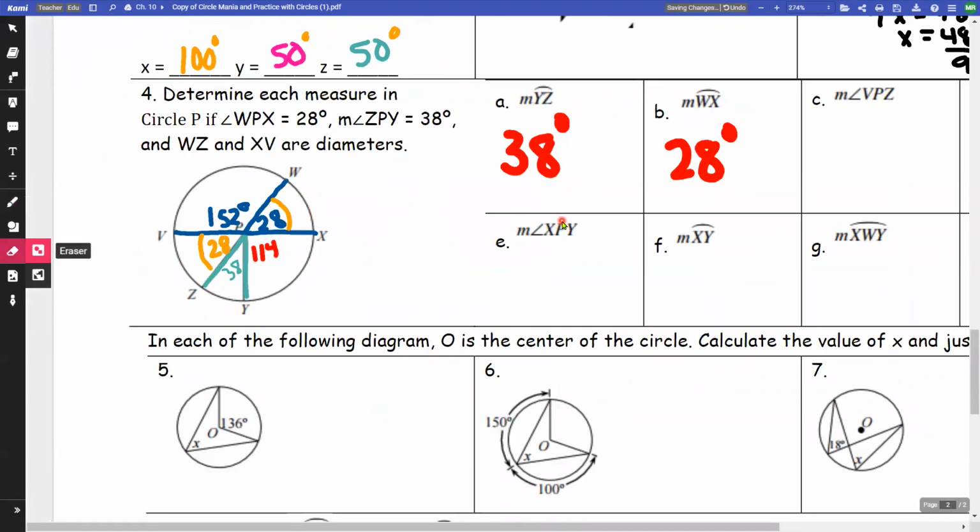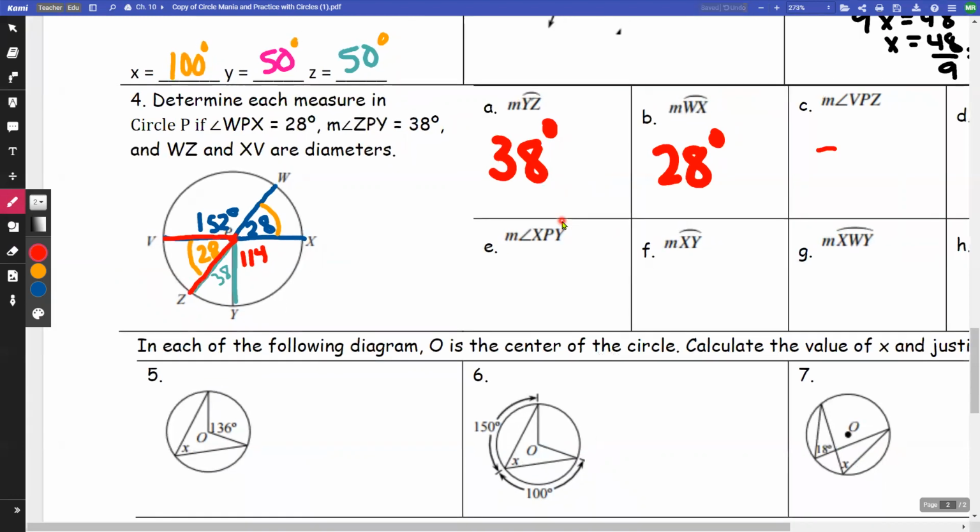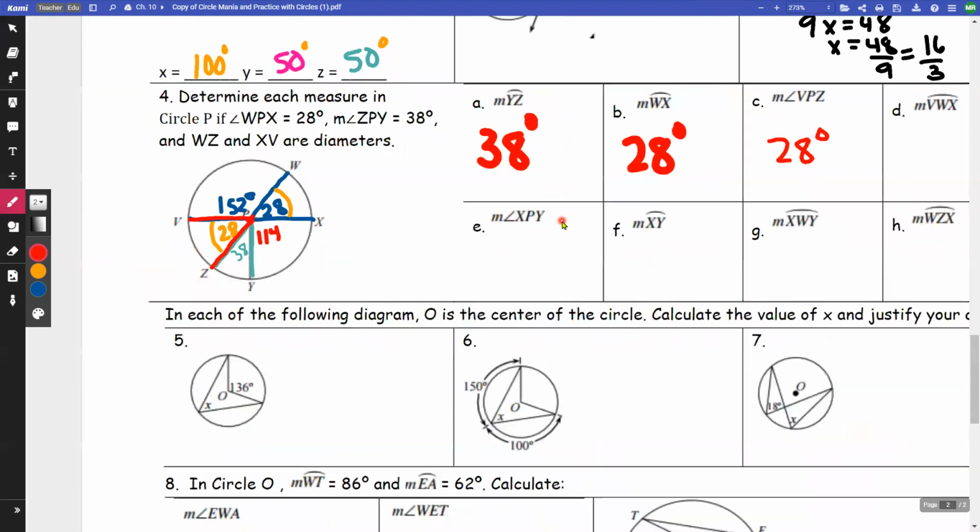They want us to find angle VPZ, so VPZ is going to be 28 degrees.